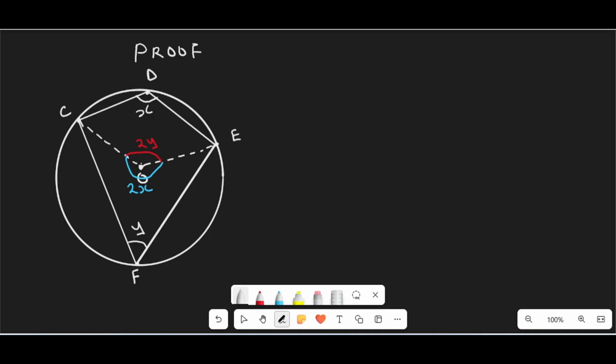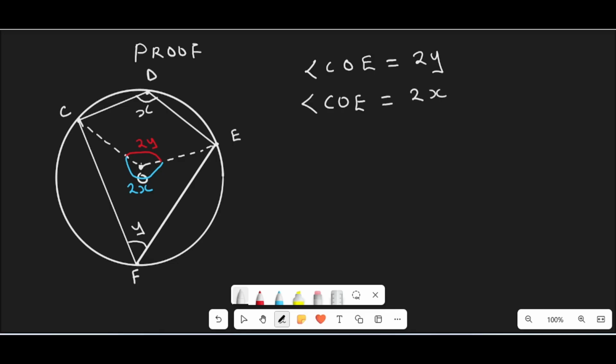So we can say our angle COE equals 2y, and also our angle COE reflex equals 2x.